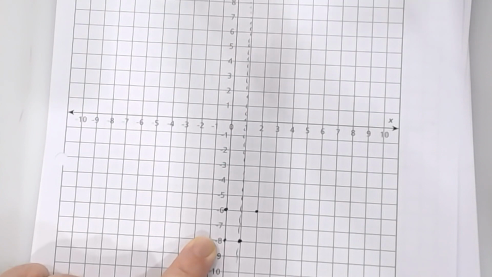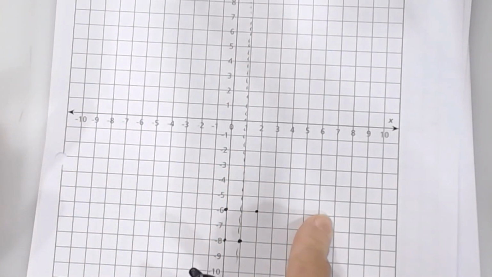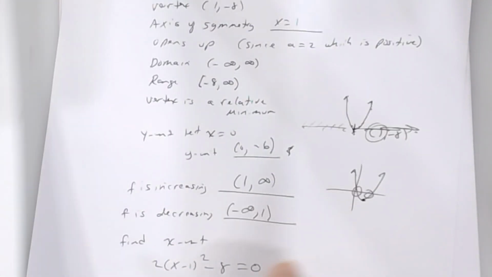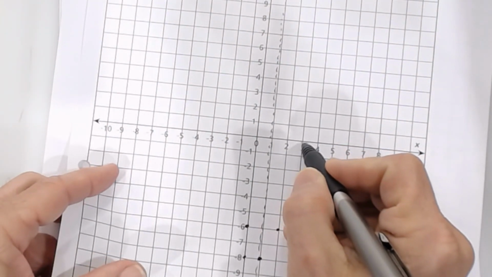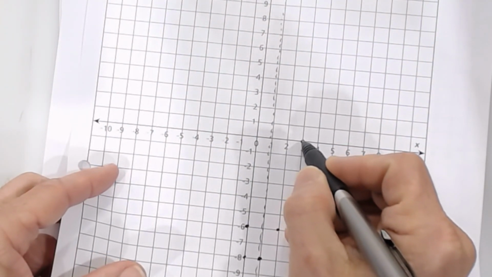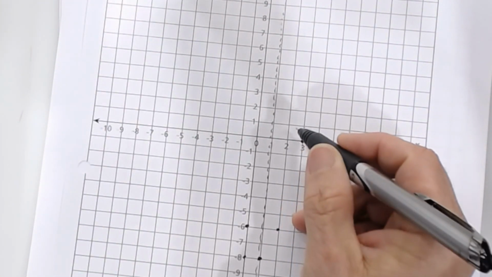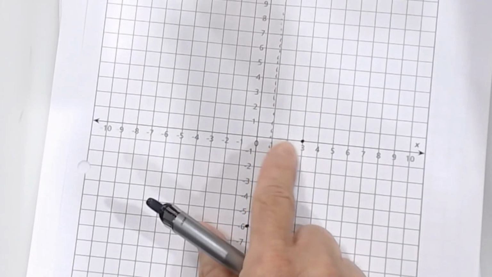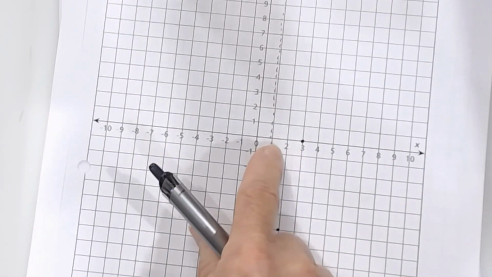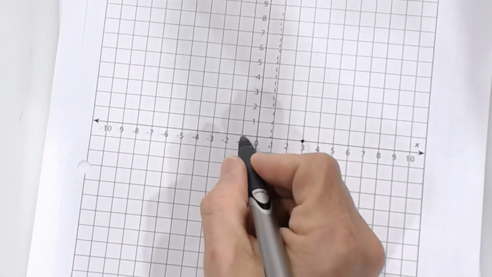Now the x-intercepts. The x-intercepts are 3 and negative 1. Here's 3. Make sure it makes sense. How many units is 3 from the axis of symmetry? 2. If I go 2 units this way, what is it that I found?